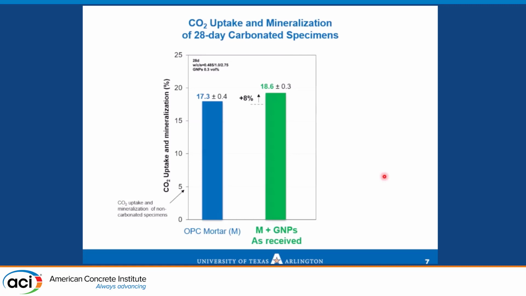So, we calculated the CO2 uptake and mineralization capacity of carbonated mortars, plain and reinforced with the as-received graphene nanoplatelets, and the results are presented in this slide, and we see only a marginal increase of 8% for the CO2 uptake and mineralization with the addition of the as-received multi-layer GNPs.